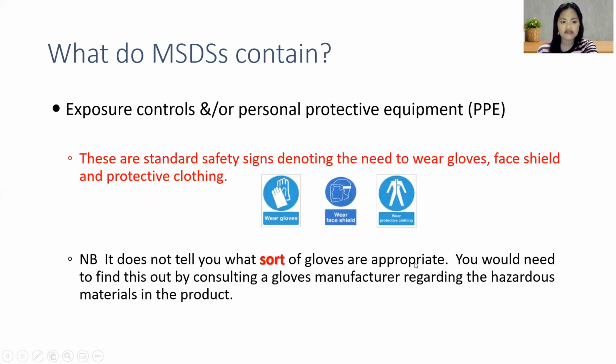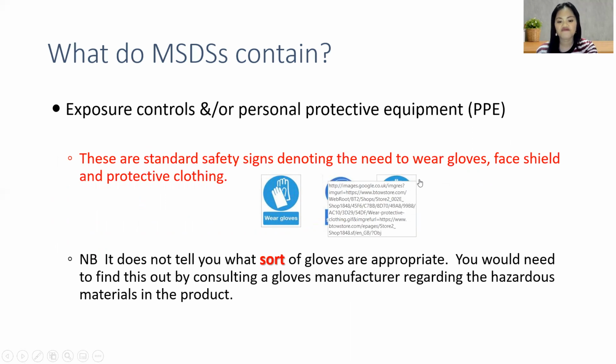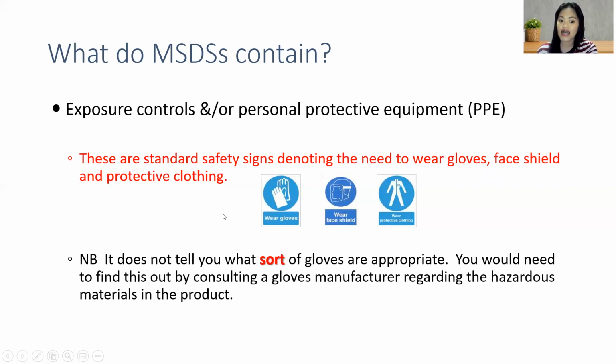Okay, so another thing is that it also contains exposure controls or personal protective equipment, just like PPE. So it really recommends that you should wear PPE when you are handling the product. So for example, HCl, hydrochloric acid.